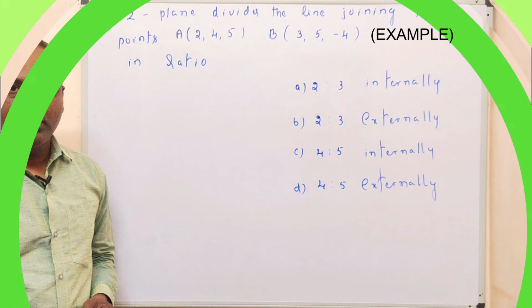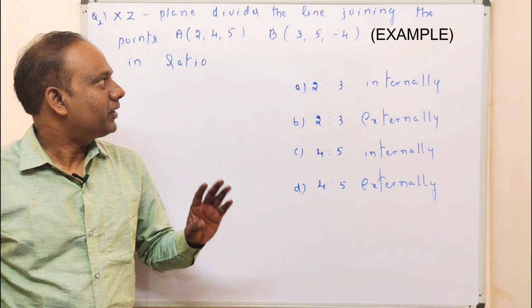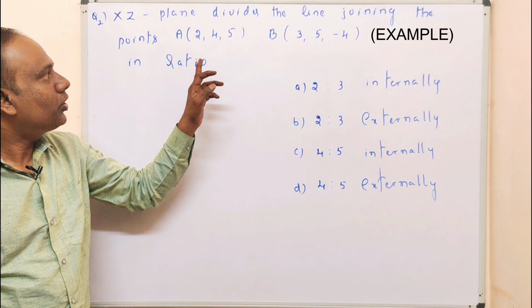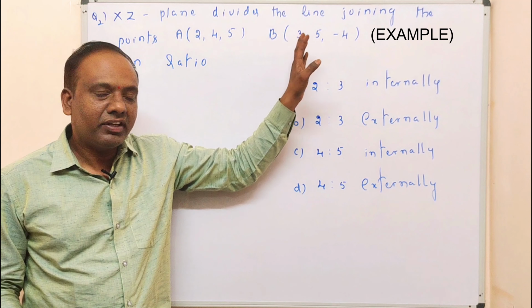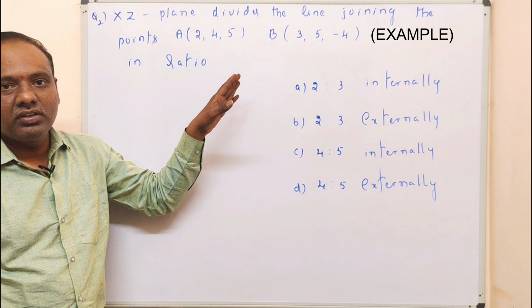This is the same type of question, but the change is here it is the xz plane, and the points are A (2, 4, 5) and B (3, 5, -4). What is the ratio?